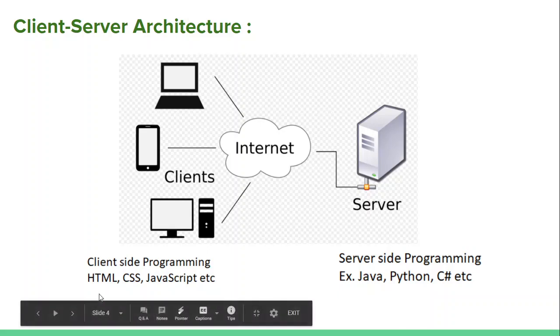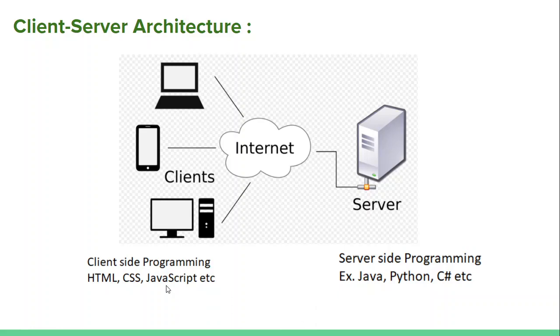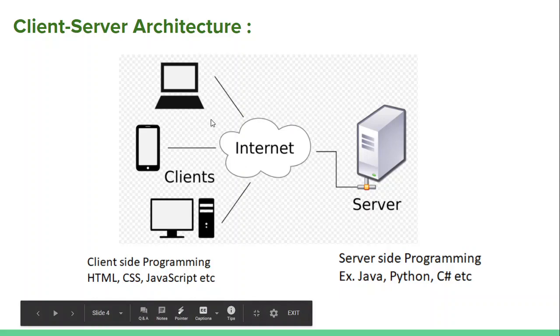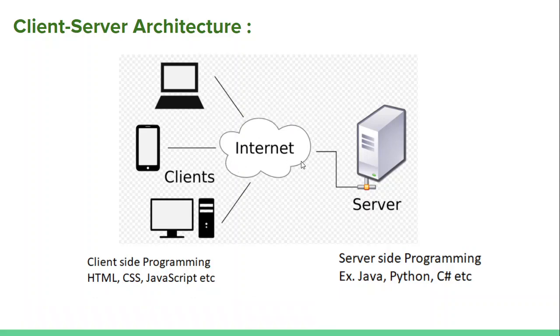HTML, that is hypertext markup language, CSS and JavaScript are all client side programming languages. They are used to interpret the data which is received from the server while accessing the web apps on the browser, right? So this is how they work. Basically all the communication between clients and server happens across the internet via requests and responses.